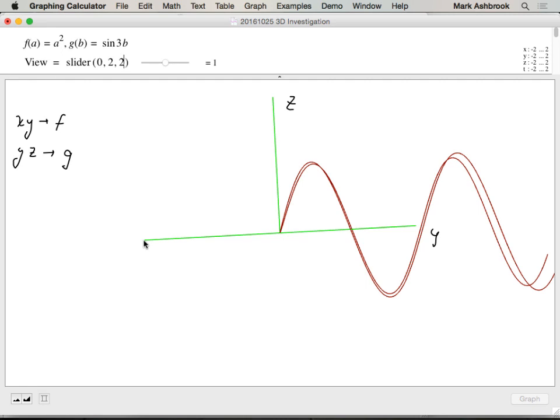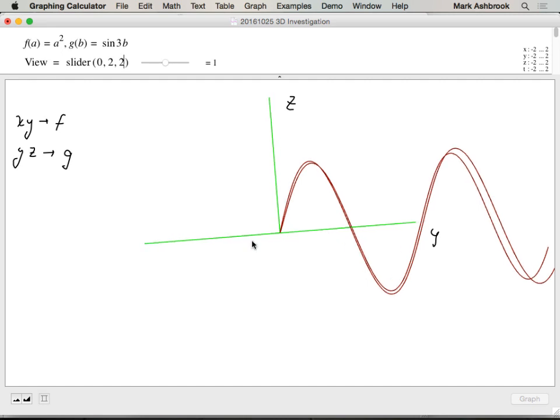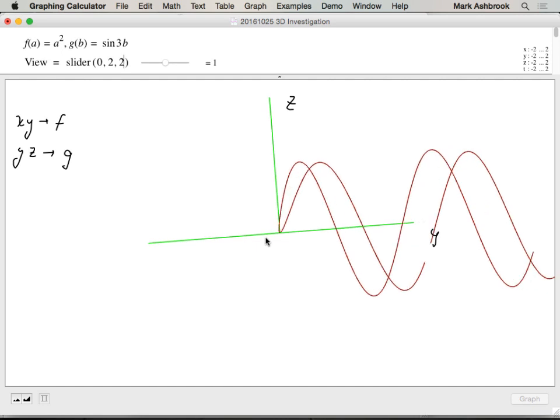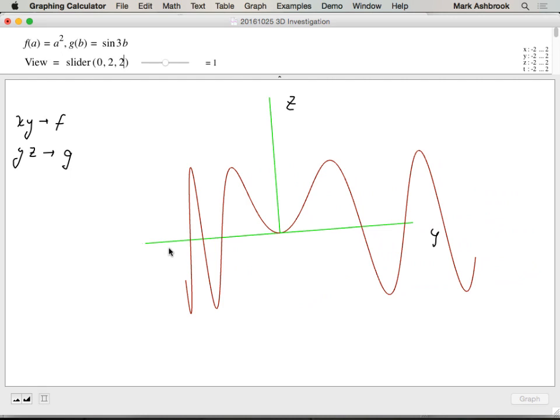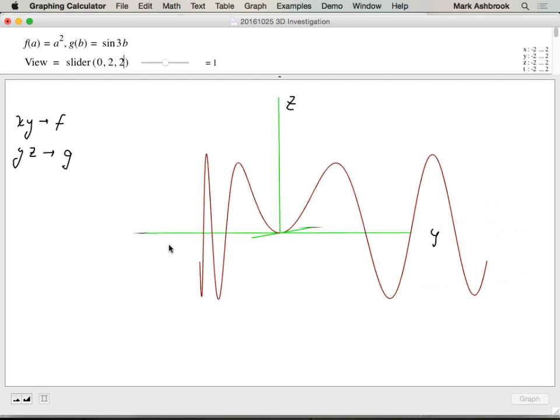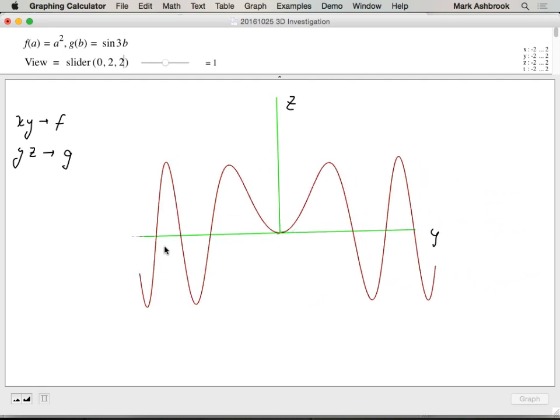And then if I turn and look up a little bit, what plane is this now? XZ.